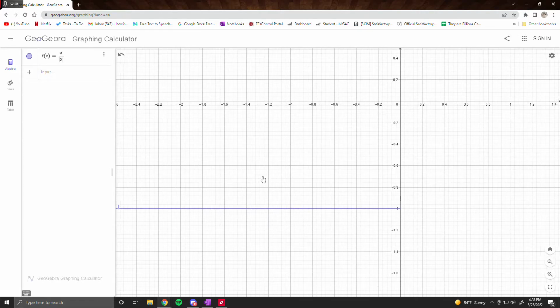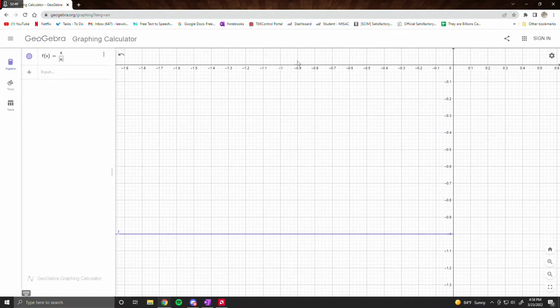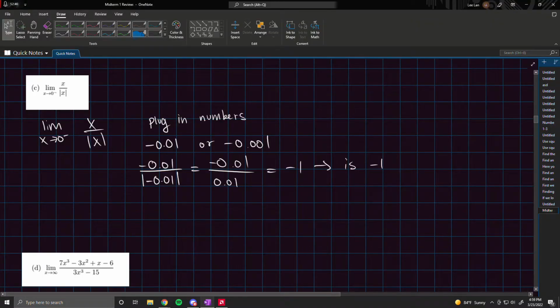So, if we look at what's going on over here, this is the graph of x over absolute value of x. If you plug in any number on the x number line, you should get negative 1. Similarly, if you plug in a negative number, the negative number stays normal on top, but then the sign gets flipped.